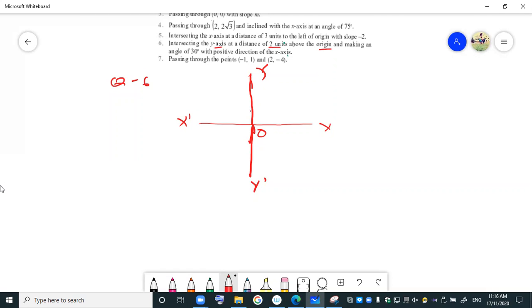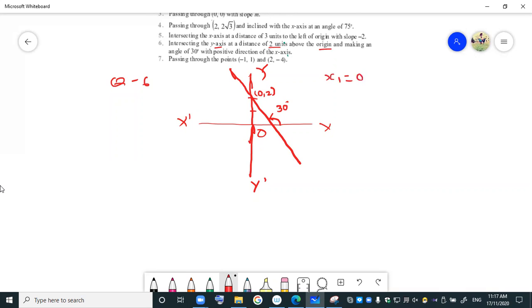Above the origin 2 units means from here 2 units, and making an angle of 30 degrees. It is not necessary to draw an exact diagram, but this is the 30 degrees, making an angle of 30 degrees with the positive direction of x-axis. That means this one. And passing through this point 2 on y-axis, x coordinate is 0, so passing through 0, 2. So again x1, y1 is given.